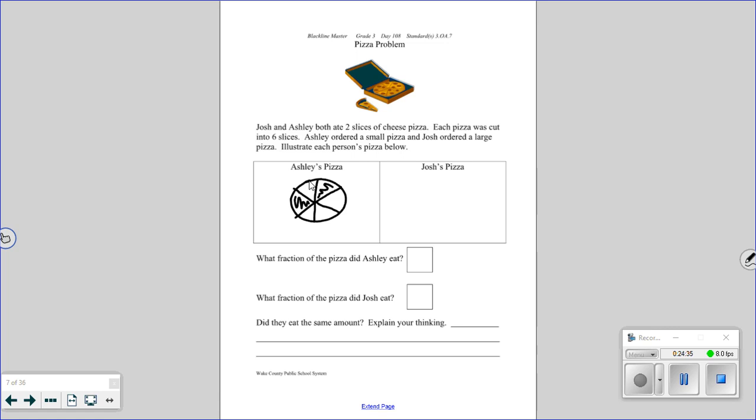We've got 6 slices. What fraction of the pizza did Ashley eat? We know we're counting 6. Lydia told us that. So how much pizza did Ashley eat?